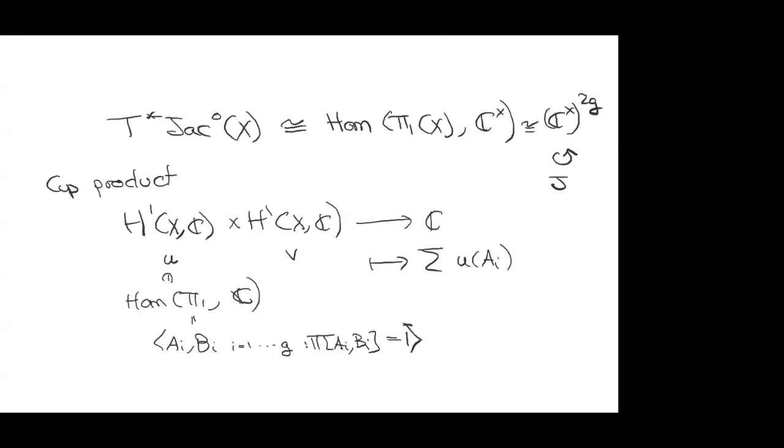And so one evaluates U and V on a_i and b_i in this form. So Goldman proved this is a symplectic form.